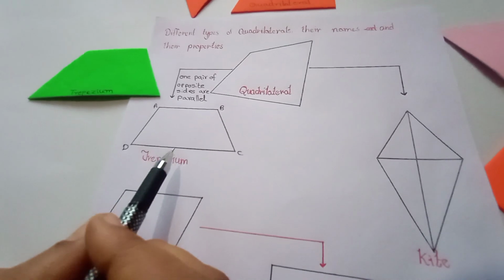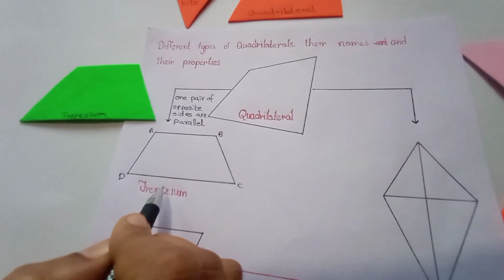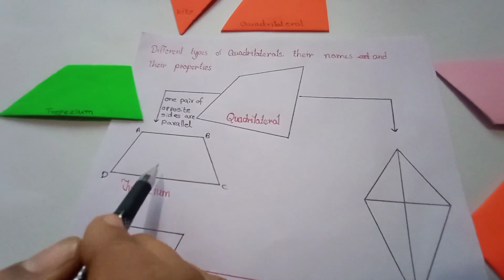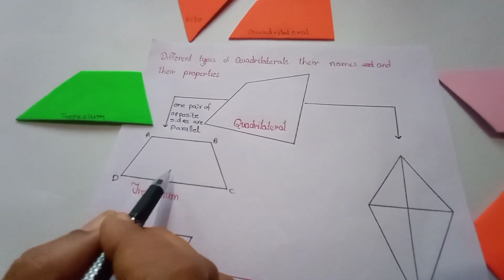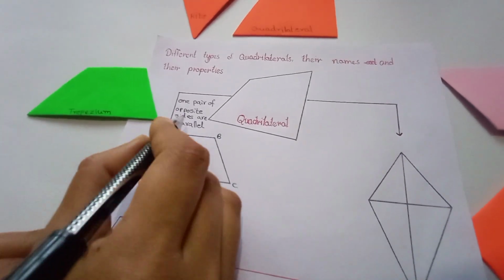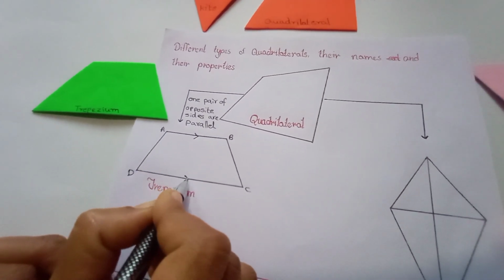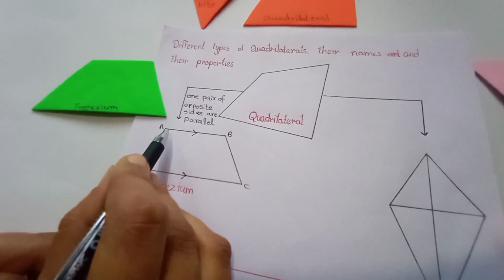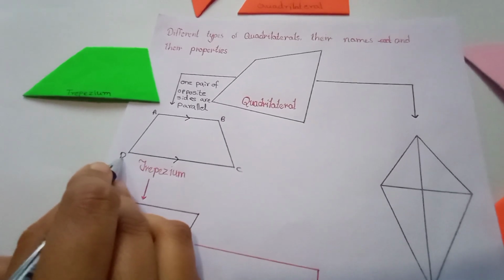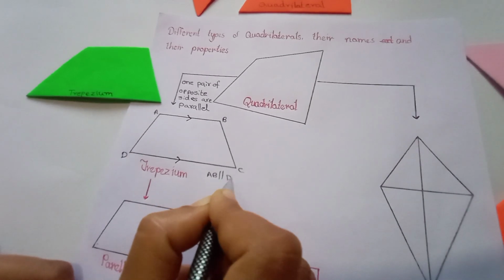We use two arrows in the same direction to show that the two sides are parallel to each other, like this. So AB parallel DC, AB parallel DC.